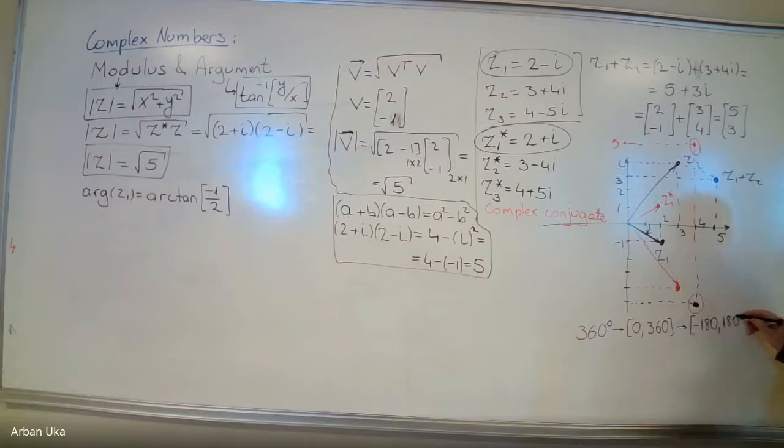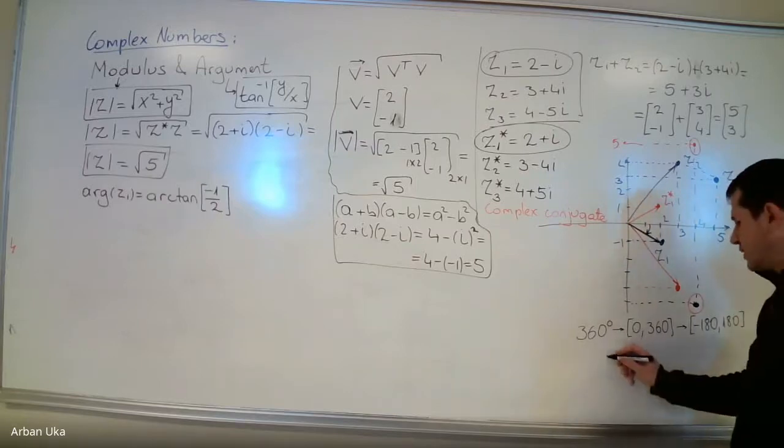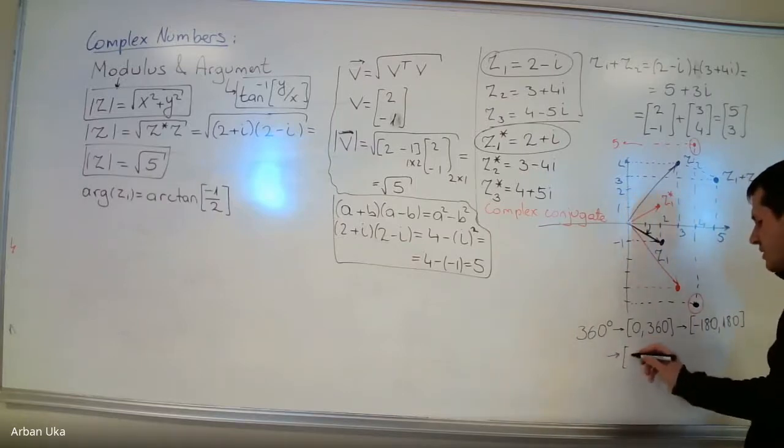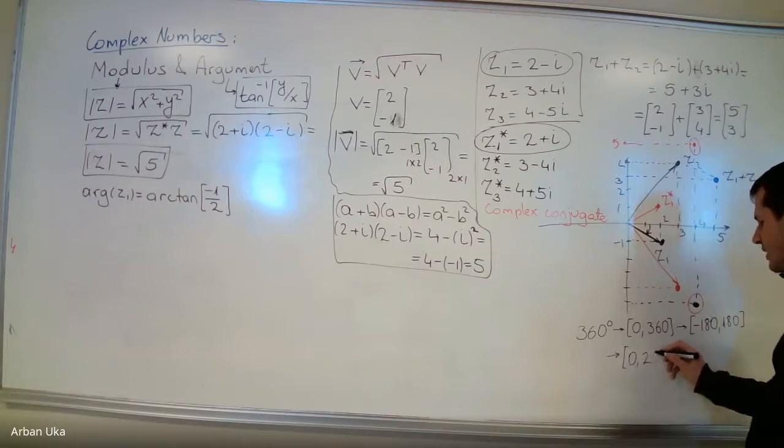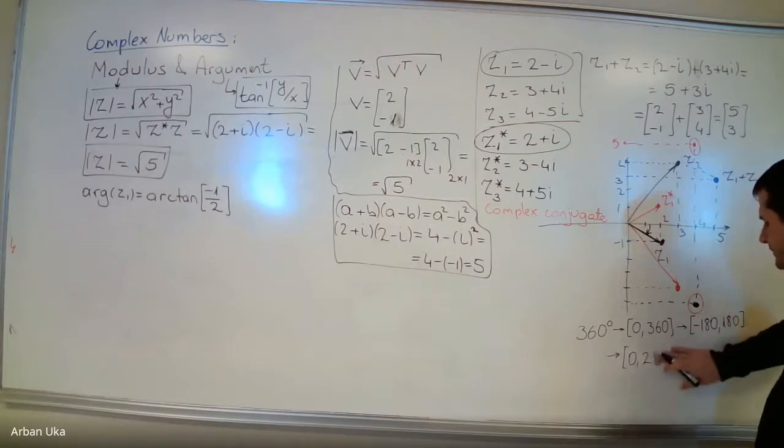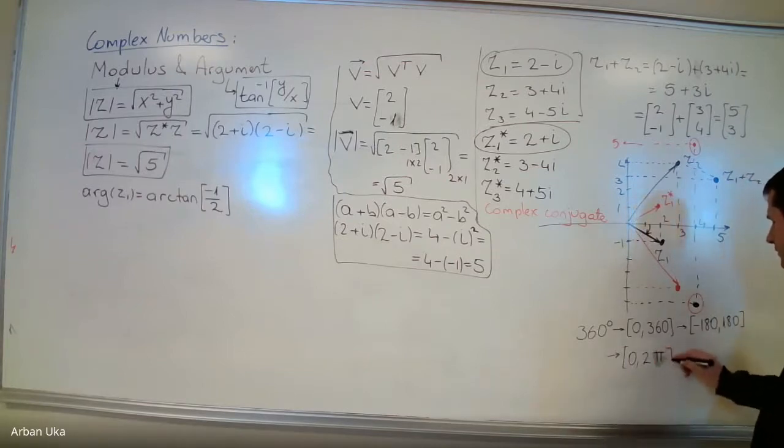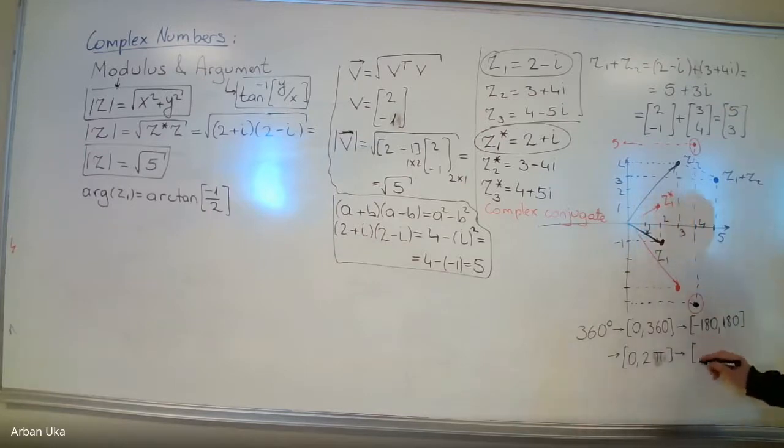It is the same thing. Now, we like to use the pi notation. So this angle can be from 0 to 2 pi, or from minus pi to plus pi.